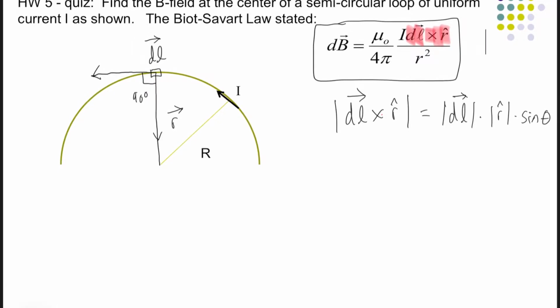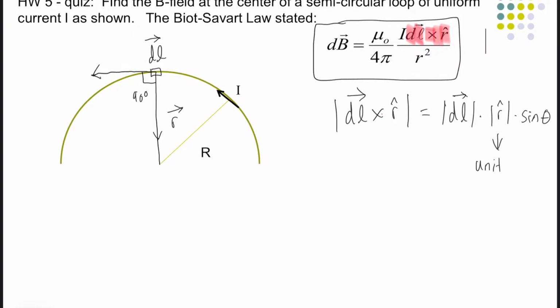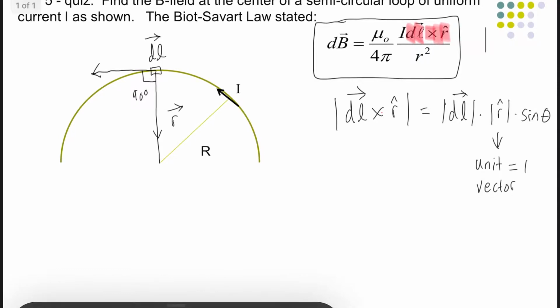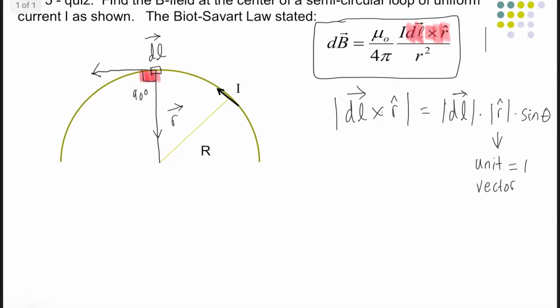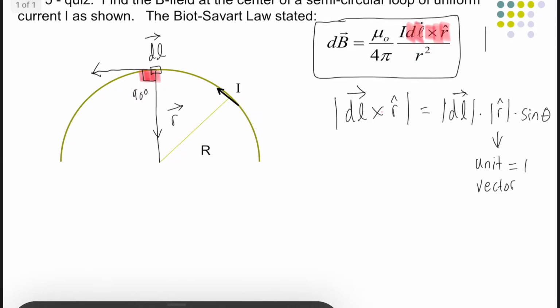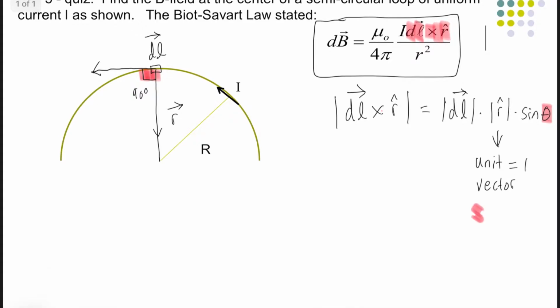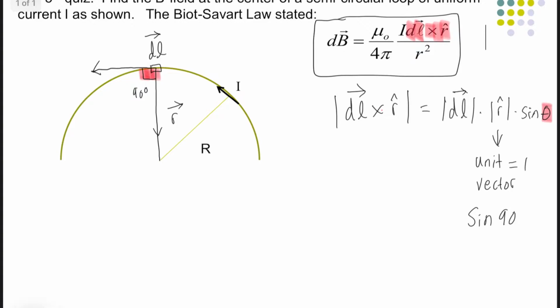Our r hat, our unit vector, is equal to 1. And if we look at our drawing, we see that because dl and r are 90 degrees, that's what our theta would be. So then we end up getting sine 90, which is also equal to 1.